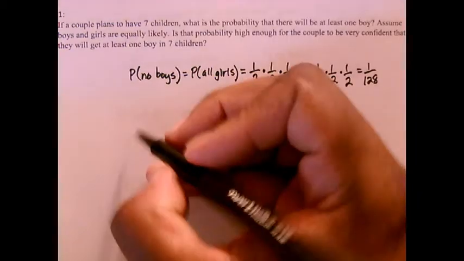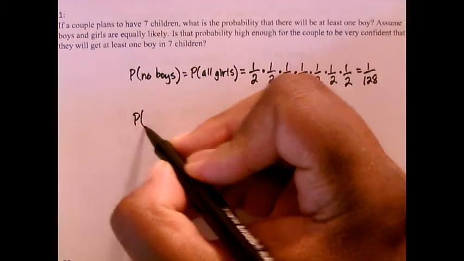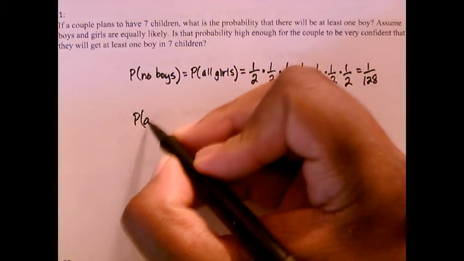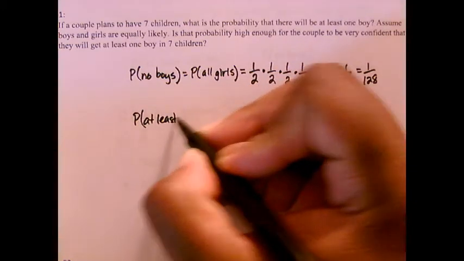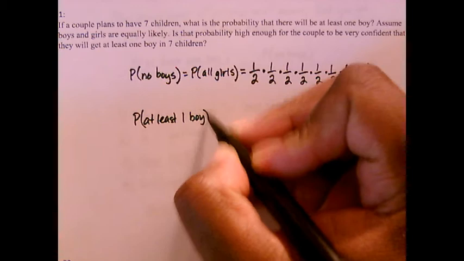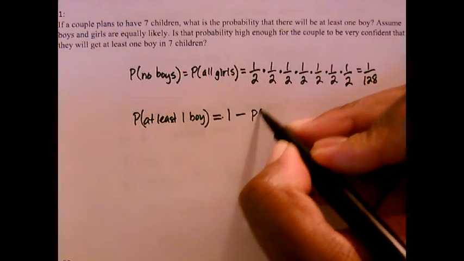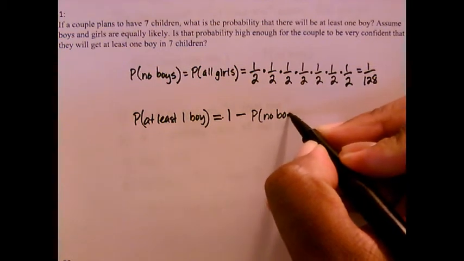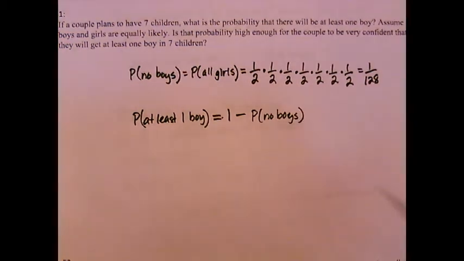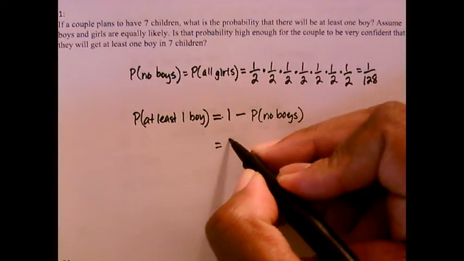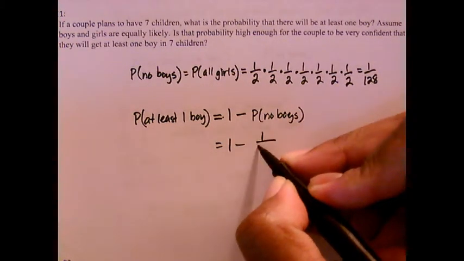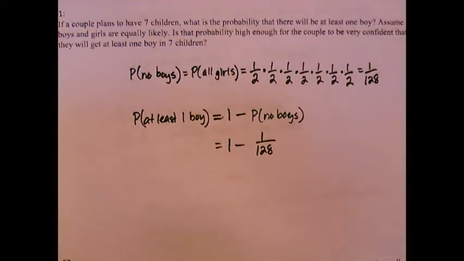Okay, now I'm going to use the complement to get the probability of at least one boy, which will be 1 minus the probability of getting no boys. Now the probability of getting no boys was 1 out of 128. So this will be 1 minus 1 over 128.